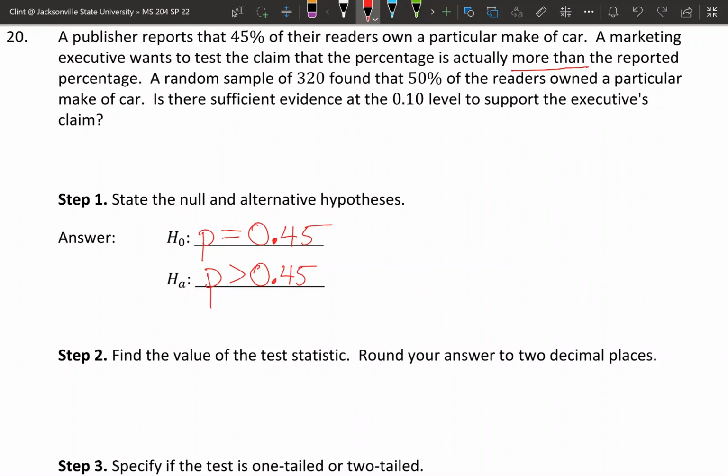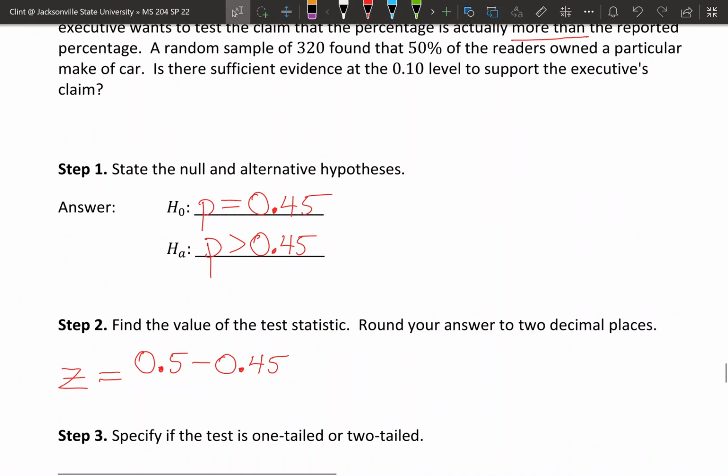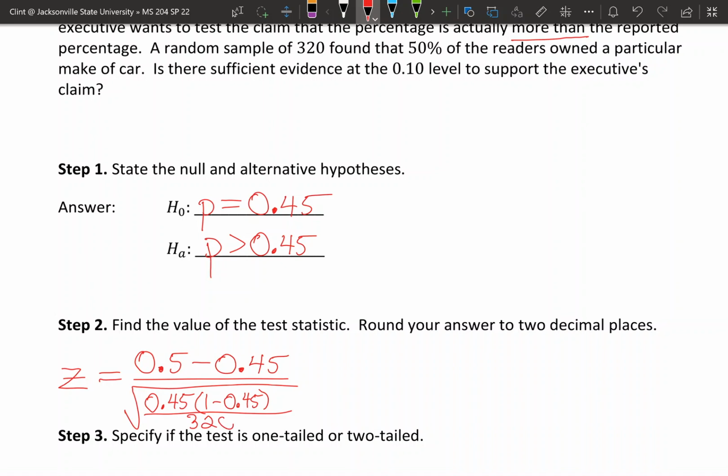For proportions, we only have one choice of test statistic. So there it's our sample proportion. It says a random sample of 320 found that 50% of the readers owned a particular make of car. So p hat is 50% or 0.5. So p hat minus p, 0.45, over the big square root of 0.45 times 1 minus 0.45, and that's over our sample size, which was 320.